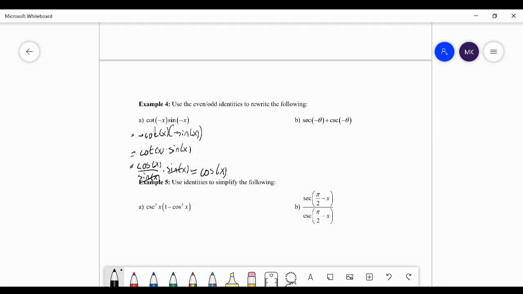Now this one here has a fraction, and we're going to be adding things. And this can scare some of you guys. But let's first take care of our negative angles and get rid of that. Since secant has even symmetry, secant of negative theta is just secant of theta. No change.